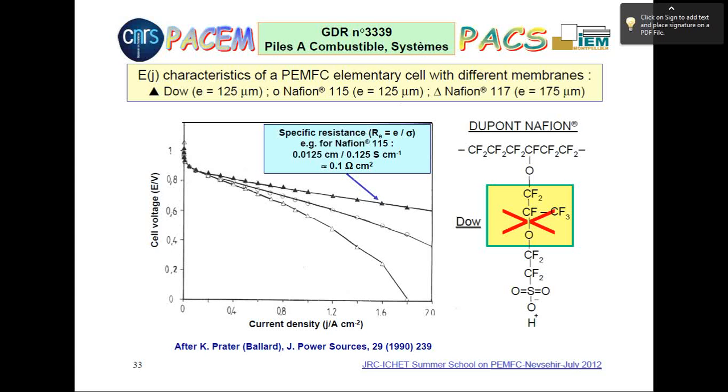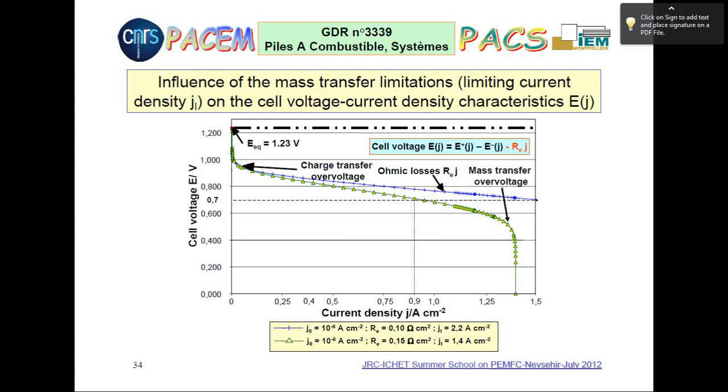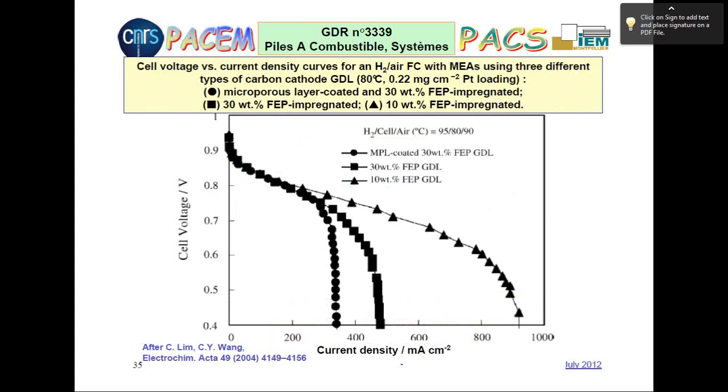The next point is to discuss the limiting current density, again with two examples of current density, 1.4 amps here and 2.2 here. So you again improve the cell voltage current density characteristic, and you compare that to the literature.